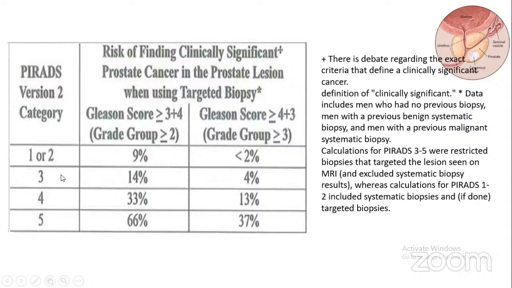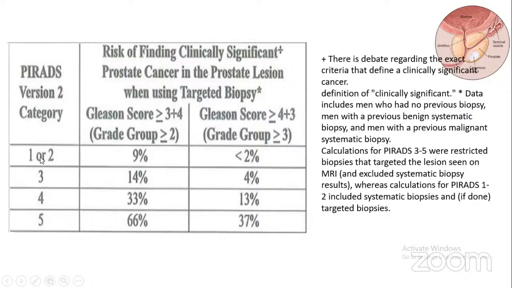The category 3 is 14% in grade group 2 or more, lesion score more than or equal to 3 plus 4. And category 4 is 33% in lesion score more than or equal to 3 plus 4, grade group more than or equal to 2.